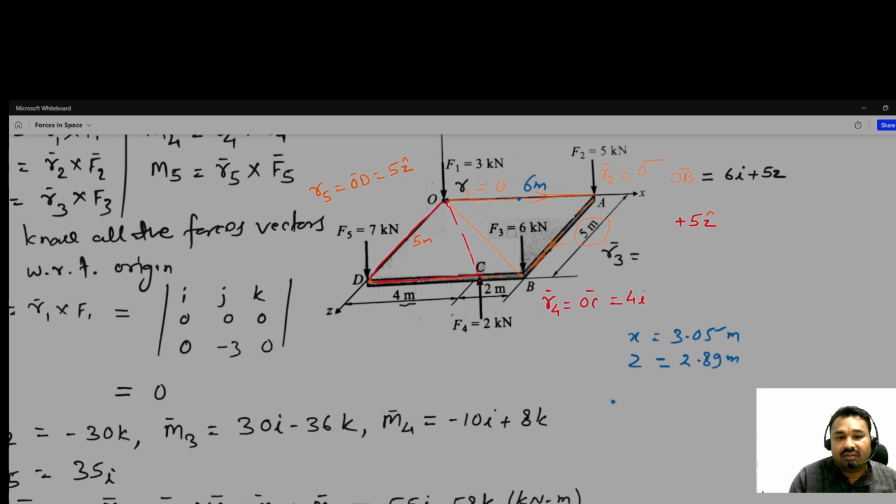Okay, so z, this is the z direction, parallel to this, and it is of 5 meter. Okay, so somewhere here will lie the resultant, like this one.